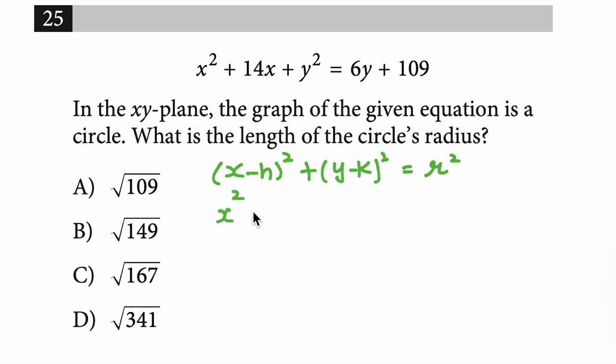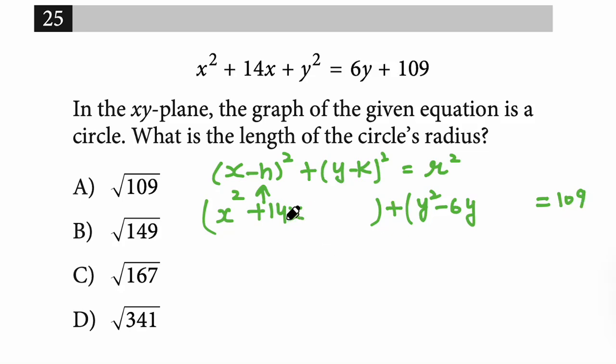Let's do x squared plus 14x. This is the first set. We will convert it into this. And second, minus 6y, and that is equal to 109.